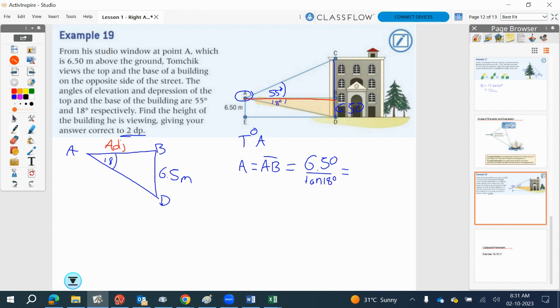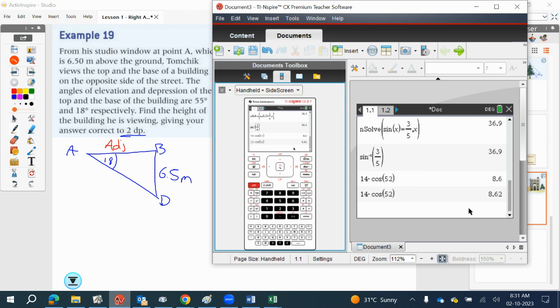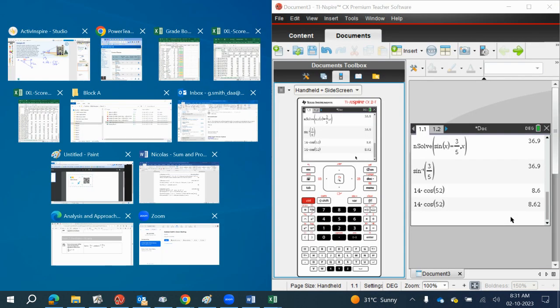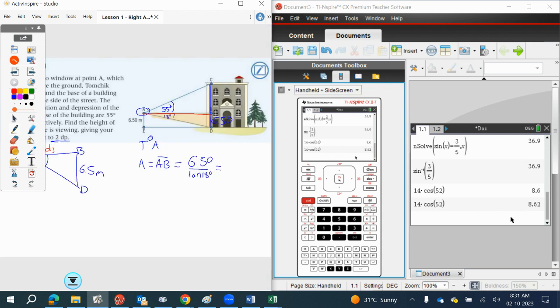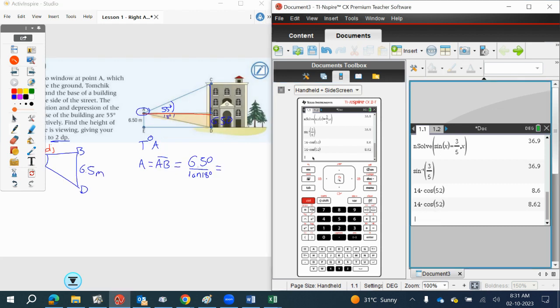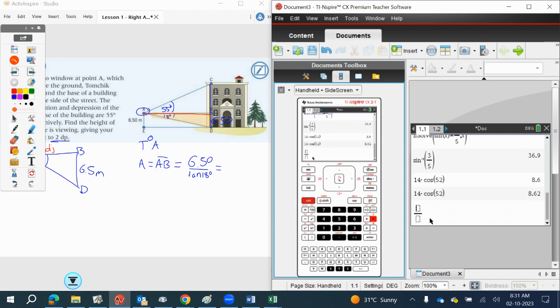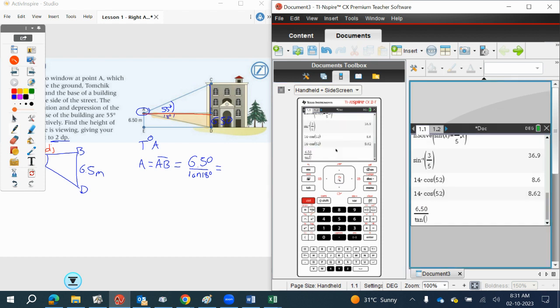Pop this into your calculator: 6.50 divided by the tangent of 18.